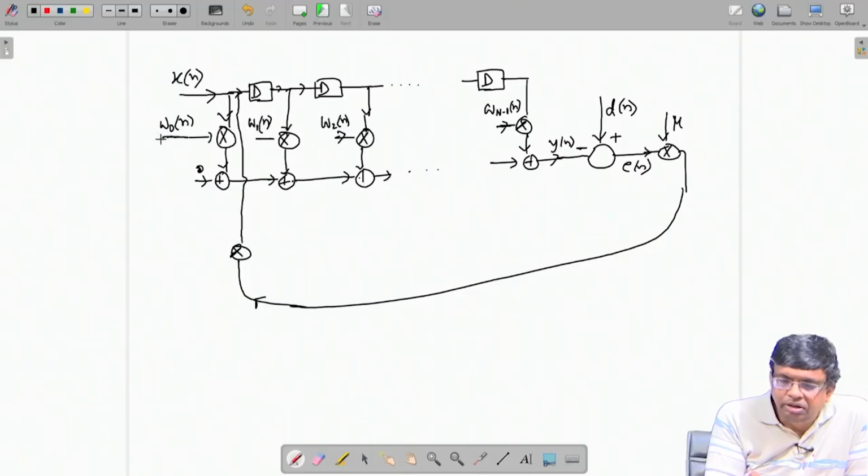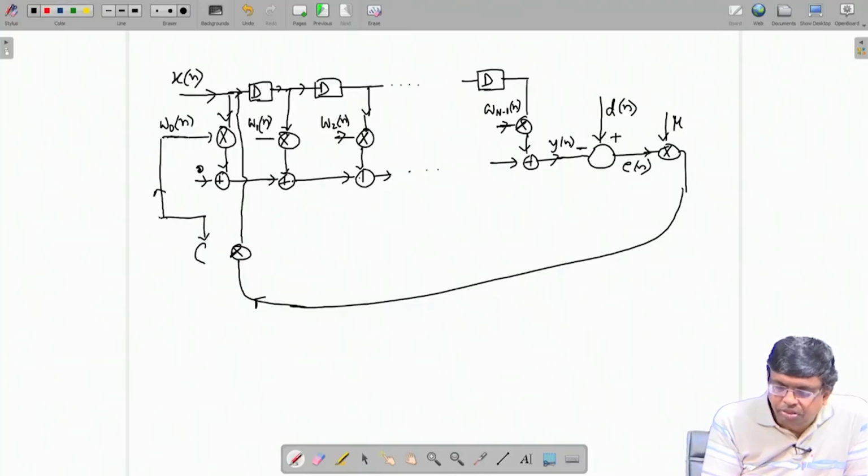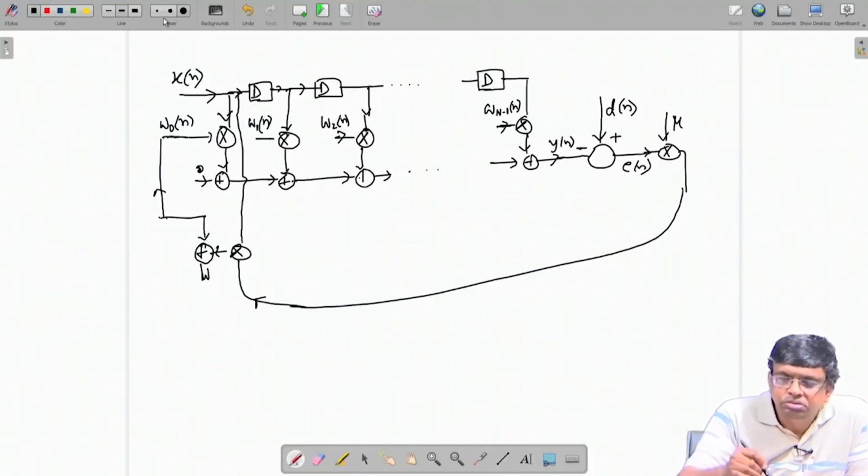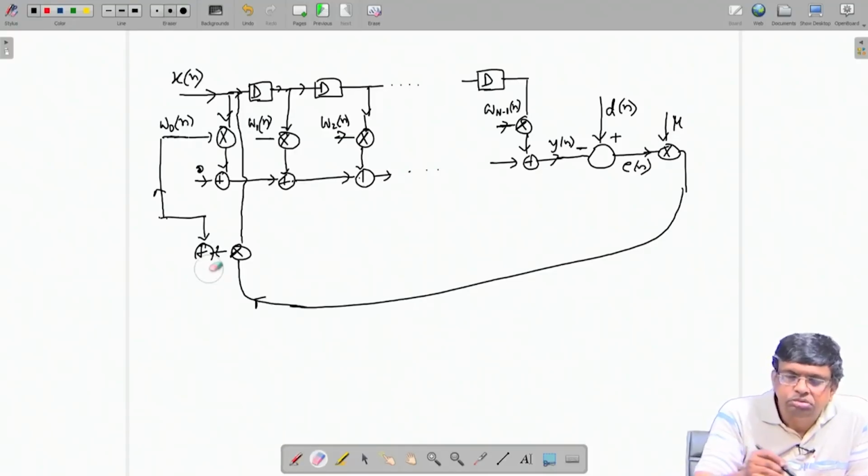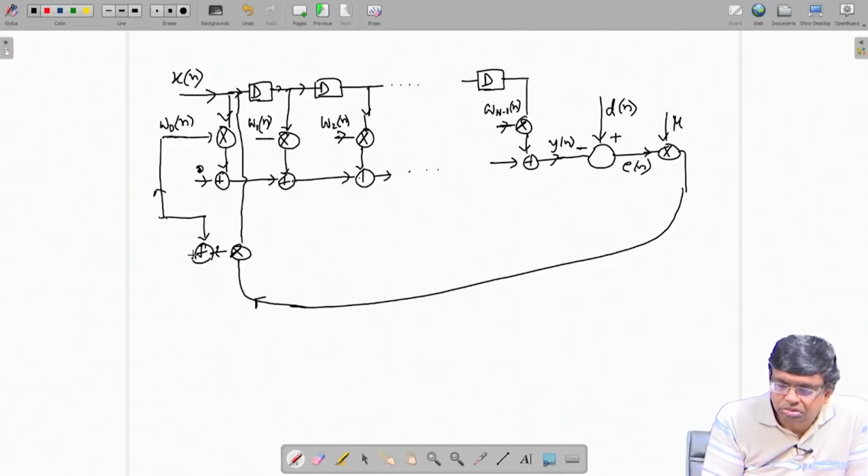So, if it is W0 n plus mu e n into x n, they are added. This output is your W0 n plus 1, W0 n plus 1 by the formula.